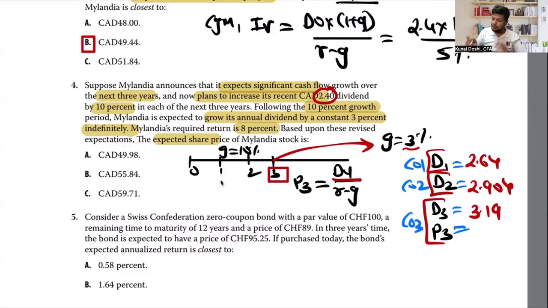Now, one thing you have to do manually is 8% is the cost and the growth is 3%. So 8 minus 3 is 5%. So 3.29 divided by 0.05, you'll get 65.8. Put that as store 4. Have you done this? Everyone?